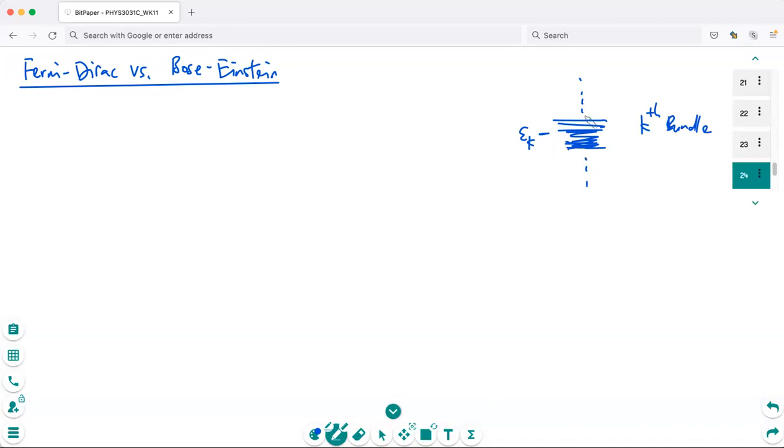And how many states in the bundle? We have GK of them. Okay, GK states. And we have how many particles? We have NK particles that we need to look after.